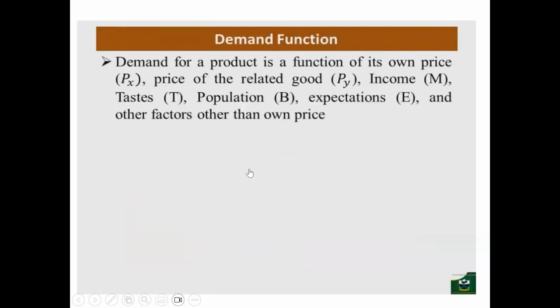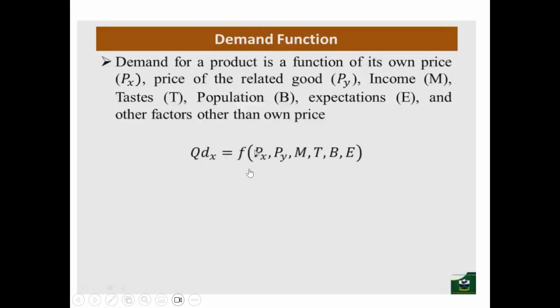So now, when we want to plot the demand curve, we will have the own price as the only determinant of demand. When we bring this into a function to include all these, it means that quantity demanded will be a function of these factors that we've denoted here.